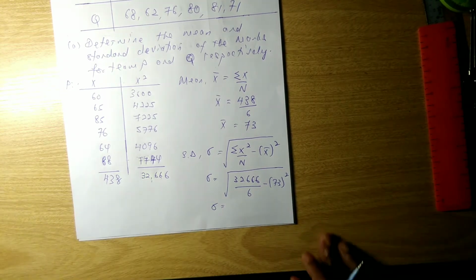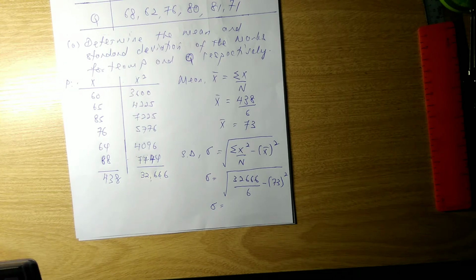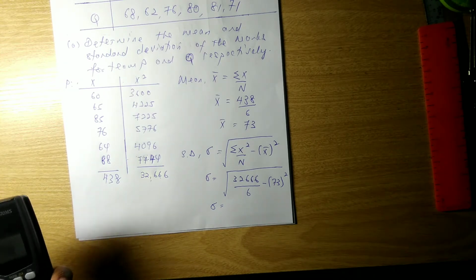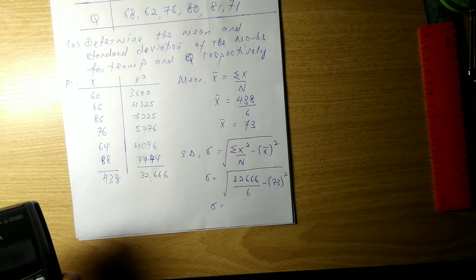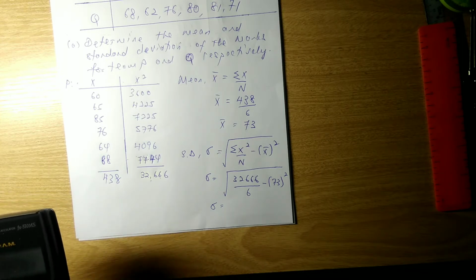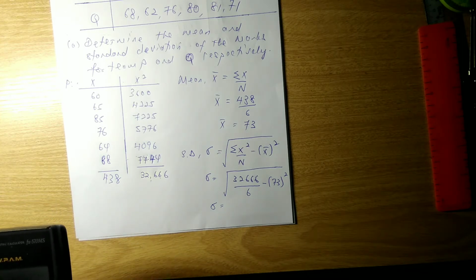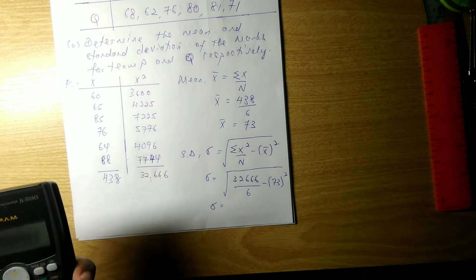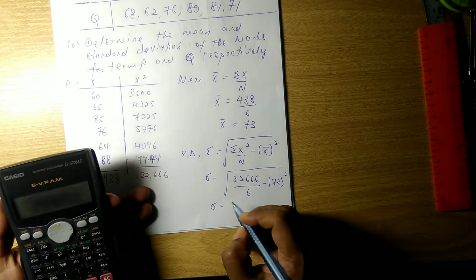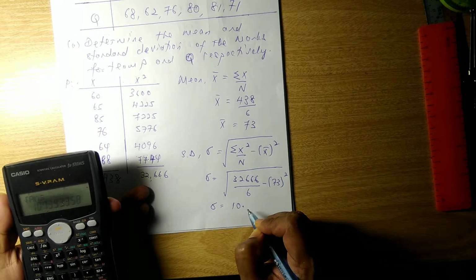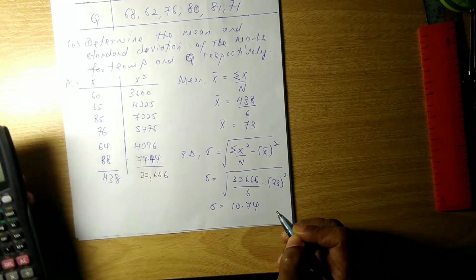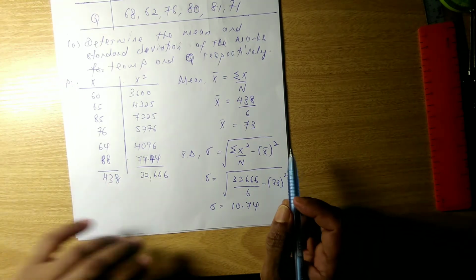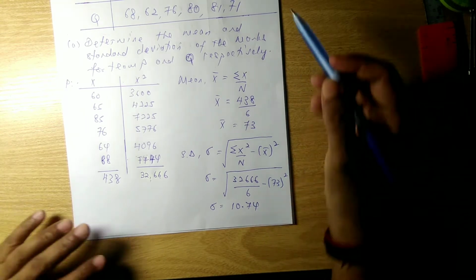Let's calculate this. 32666 divided by 6 minus 73 squared, then we square root. I'll get about 10.74, so 10.74 for team P.